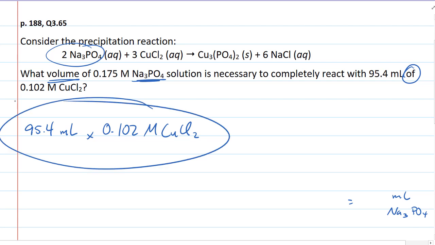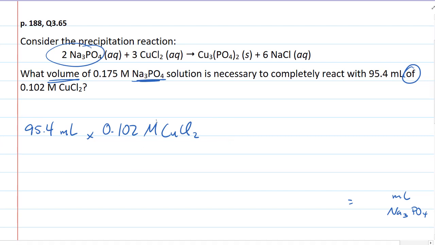Now, of course, when we have these 2 quantities here and we want to multiply them together, it doesn't look like we could do a whole lot with the units. So we need to remember what big M stands for, and that is moles per liter. So I would go ahead and substitute right away big M for the molarity with moles per liter.